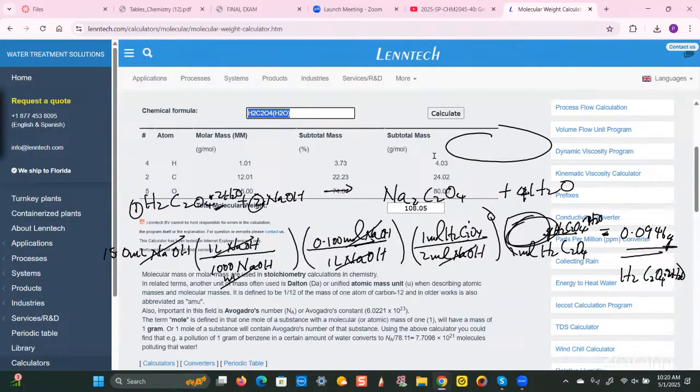So this should be 1 water molecule. So it should be 108.05 grams. So I need to redo that calculation.